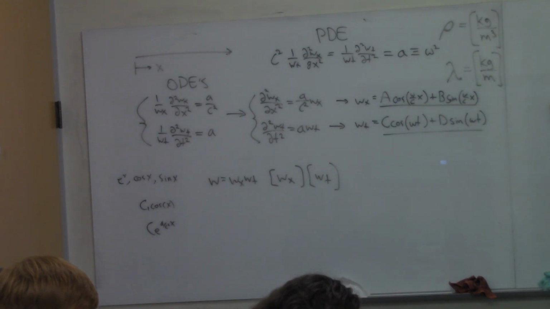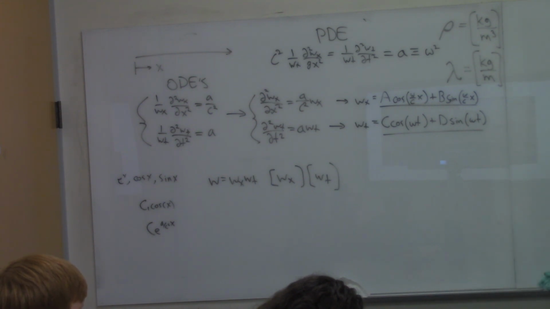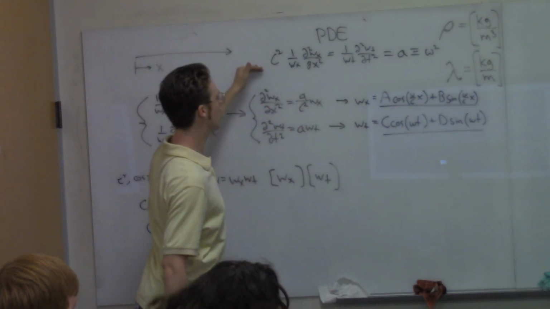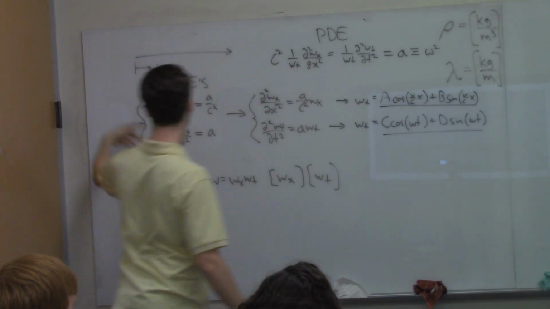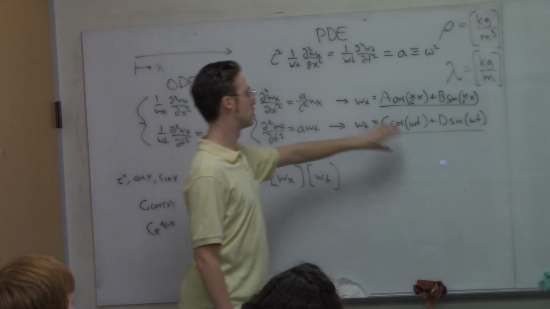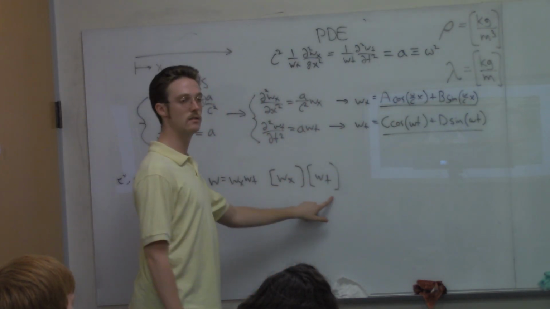So it can look like this, it can look like that, and so on. And we'll get to that in a second. So the important thing to remember is you're given a PDE, set it equal to the same constant, get a system of ODEs, write the ODEs, solve the ODEs, and then plug these functions back into W.